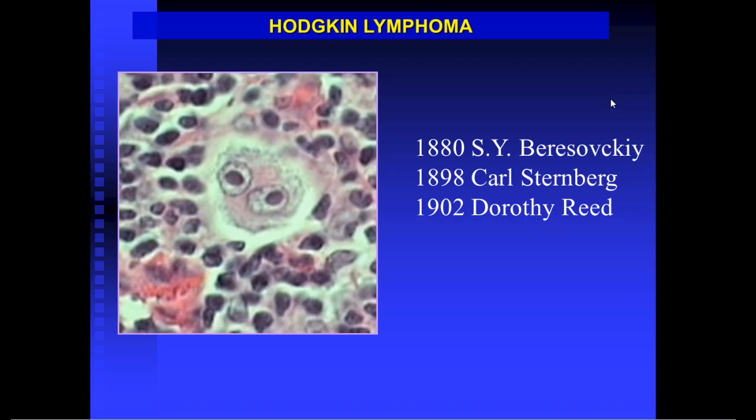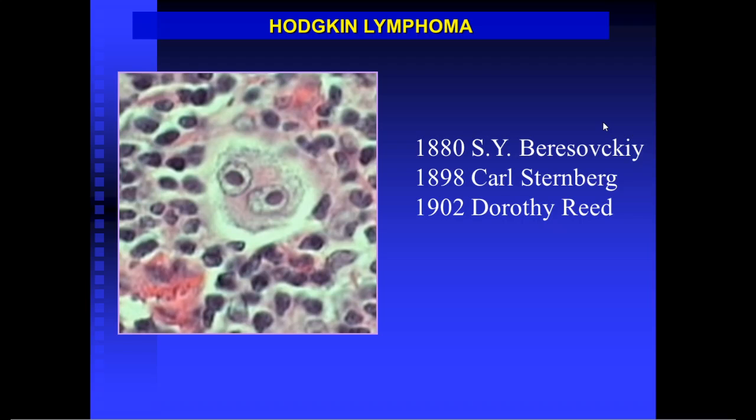So Hodgkin disease has a specific cell. This cell has a really long name. It depends on the literature you read. If you read just Western world literature, there is just Reed-Sternberg cell. If we read the literature of the Eastern world, here we also have the name Berezovsky.